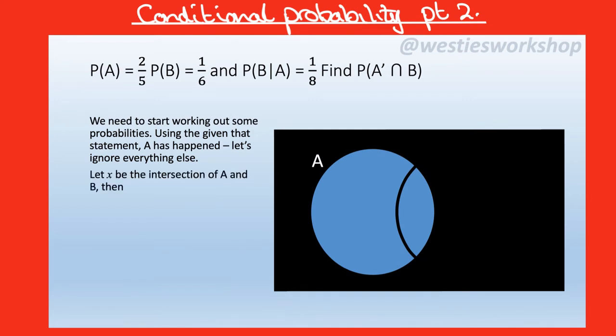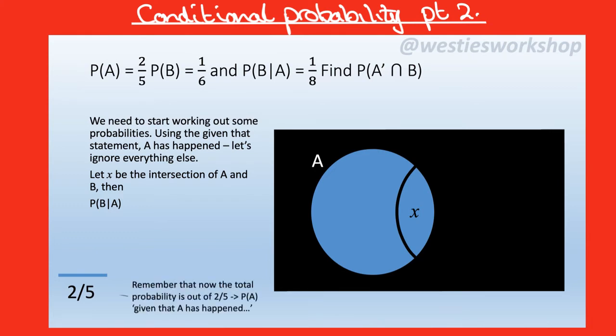Let X be the intersection of A and B. Then the probability of B given A is X out of 2/5. Remember that now the total probability is out of 2/5, the probability of A, given that A has happened.